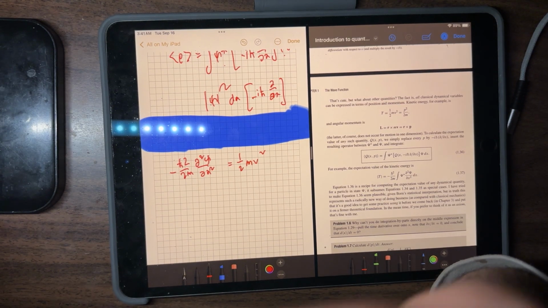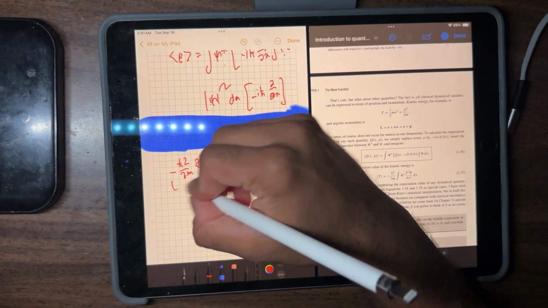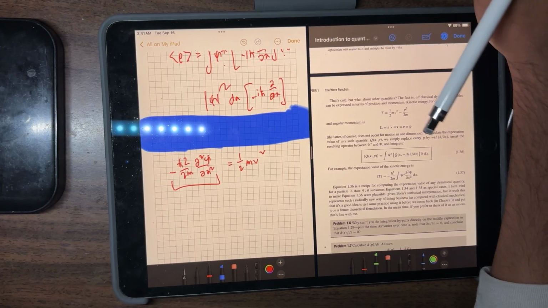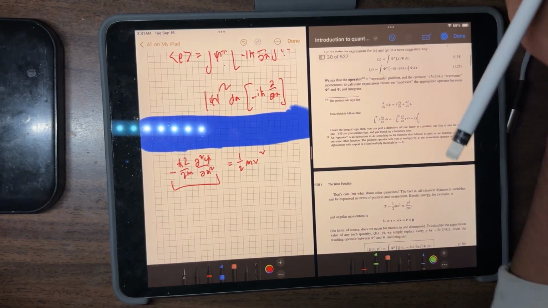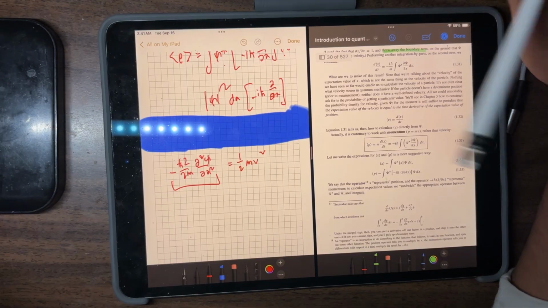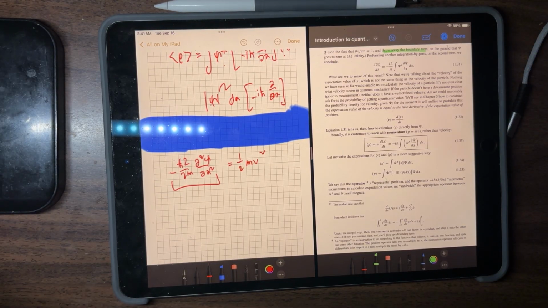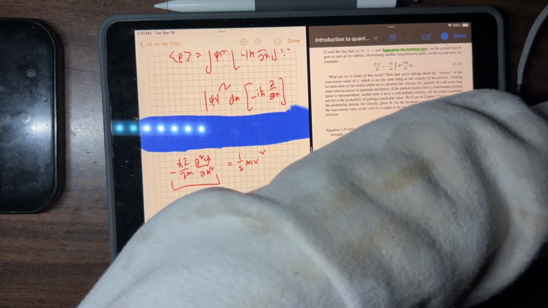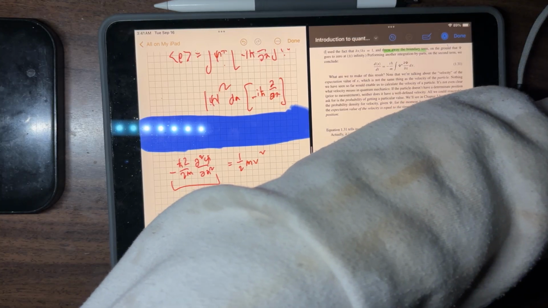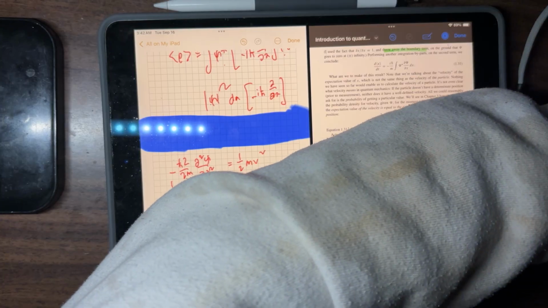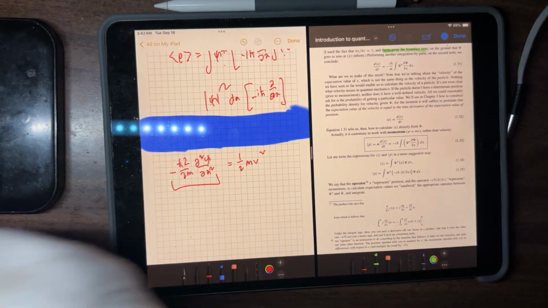How can I express this as p square by 2m? Now this is the kinetic energy part. What was p again? Actually no, how do you derive the kinetic energy to a momentum part?